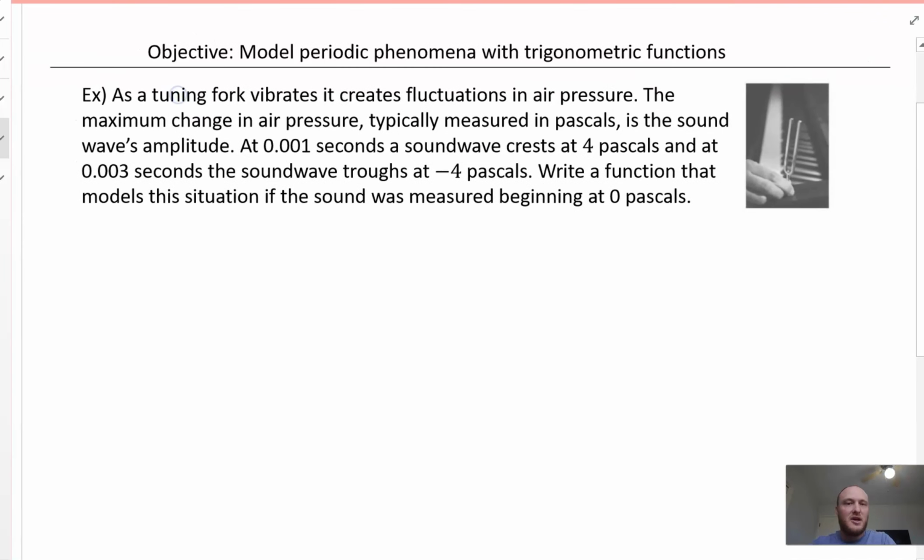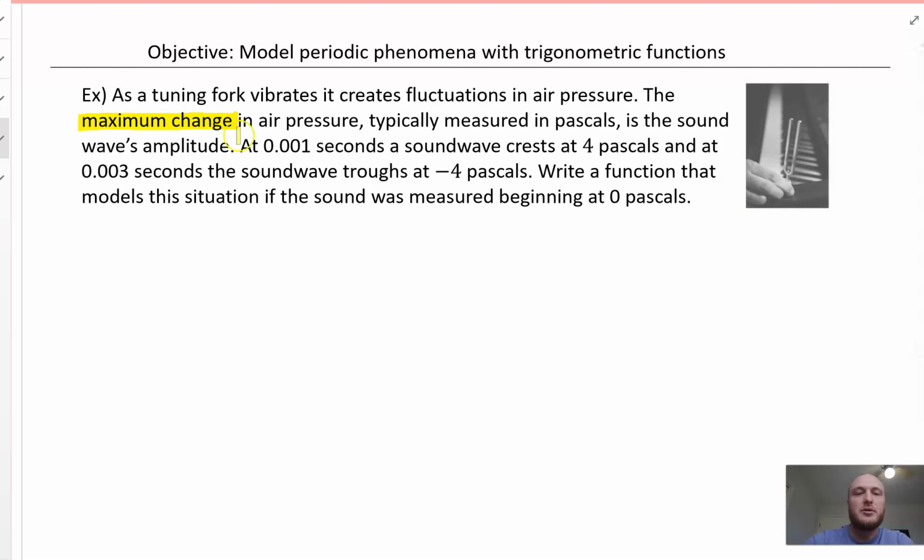Okay, next example. Here we go. Notice on this one we don't have a graph, so we're going to have to generate that, and this problem is going to give us some key information to help us do that. As a tuning fork vibrates, it creates fluctuations in air pressure. The maximum change in air pressure, typically measured in pascals, is the sound wave's amplitude.